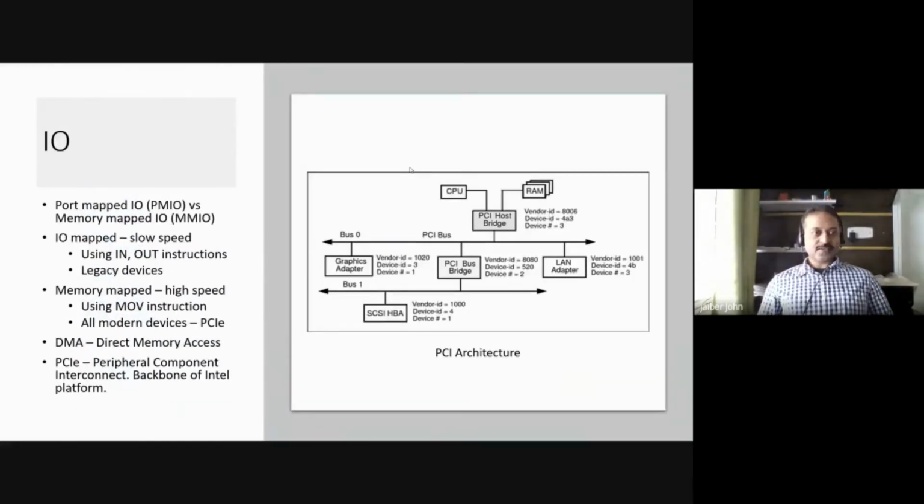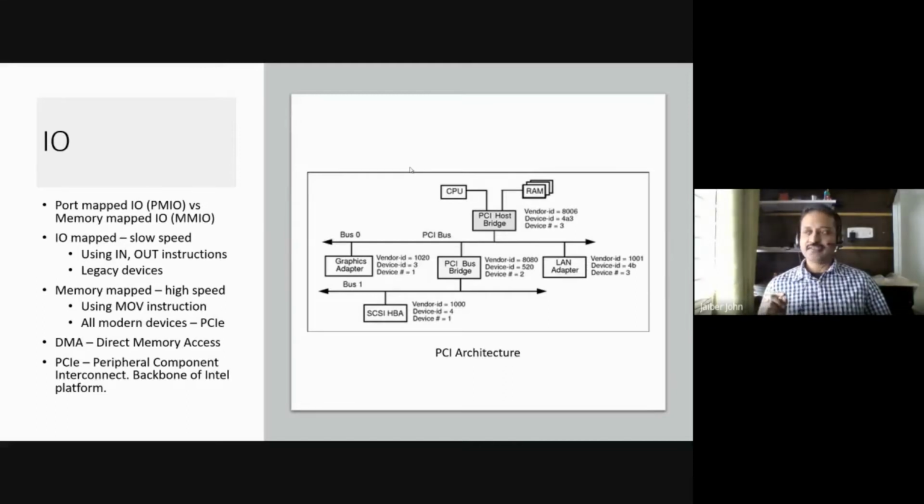Now, let's quickly talk about IO, which is again a key part of this ISA. You would have learned about port IO and memory mapped IO, right? In the olden days, these two used to be equal. Some devices go port mapped, some devices go memory mapped. But nowadays, port mapped is extremely rare.